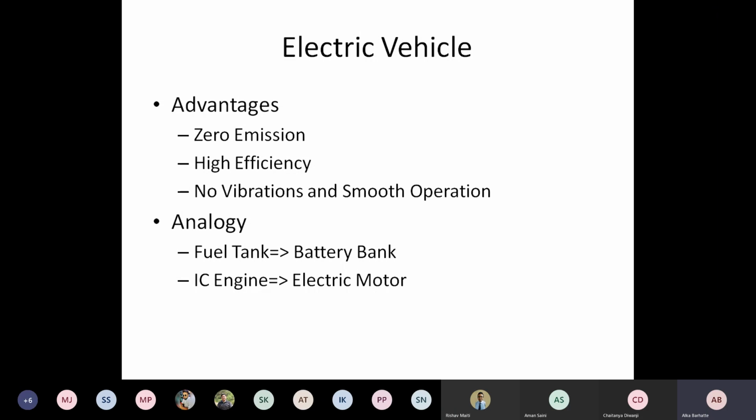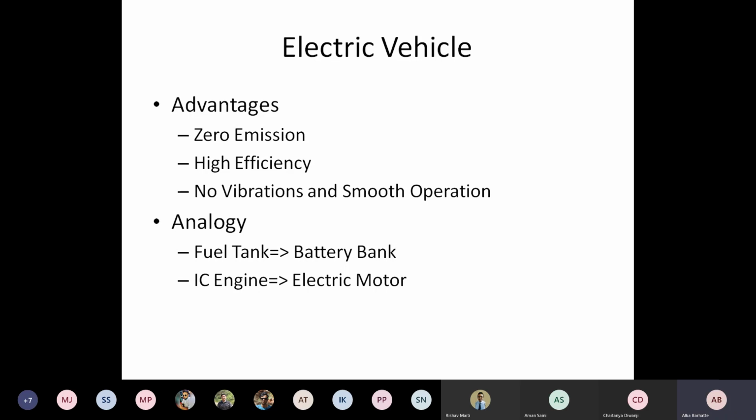Basically, the hybrid vehicle drivetrain was discussed: how it is different from conventional IC engine vehicles, what the advantages and drawbacks are, what the different architectures are, and what we mean by series or parallel architecture. These things we covered in yesterday's lecture.